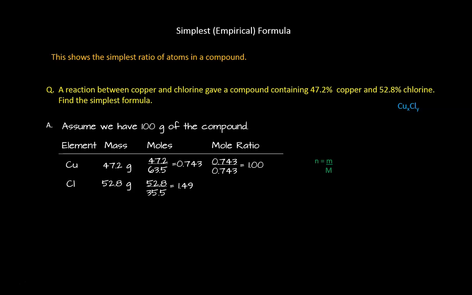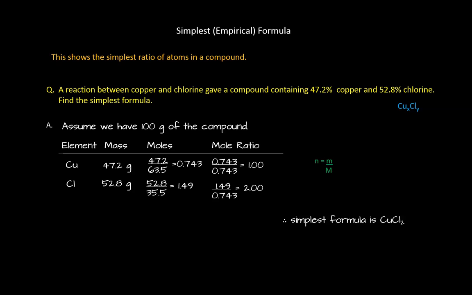Now, because we took the smallest number, that guarantees that all the other numbers will be greater than 1. We see here a ratio of 1 to 2, whole numbers, so that's nice. The simplest formula is then CuCl2, and that basically is how you find the simplest formula given experimental data.